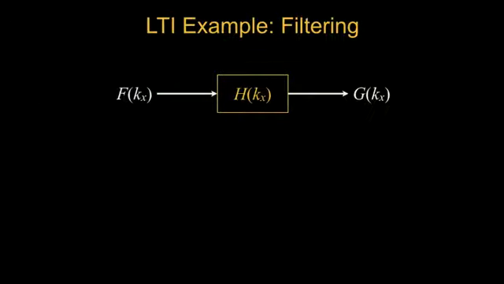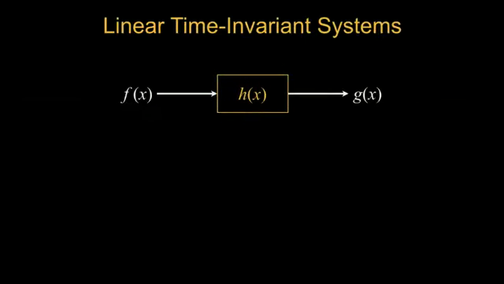And in this case, we refer to h of kx as the transfer function, and h of x as the impulse response. This is because if f of x is the delta function, then g is equal to h convolved with delta, which equals h. So if the input is a delta, the output is its response, the impulse response h.